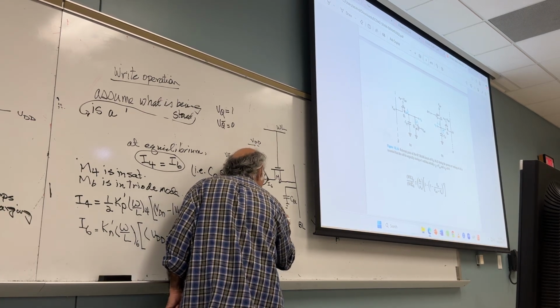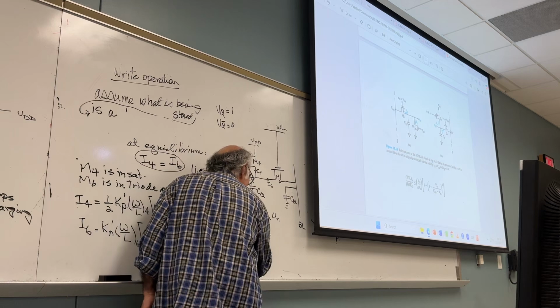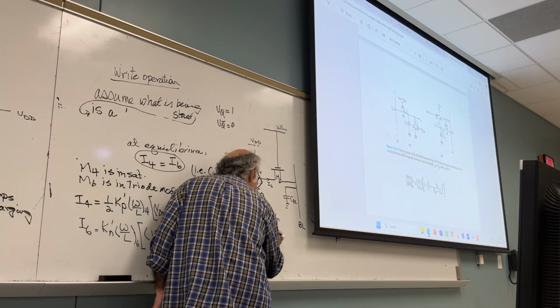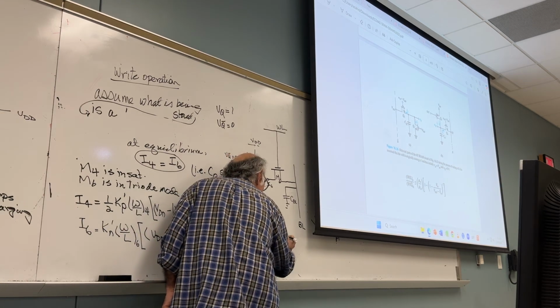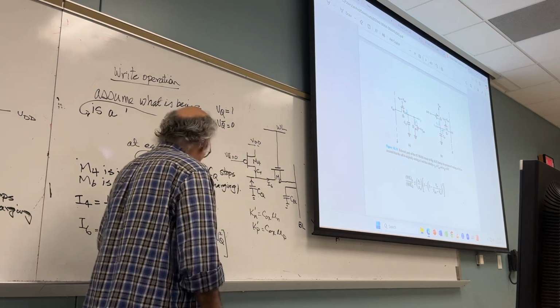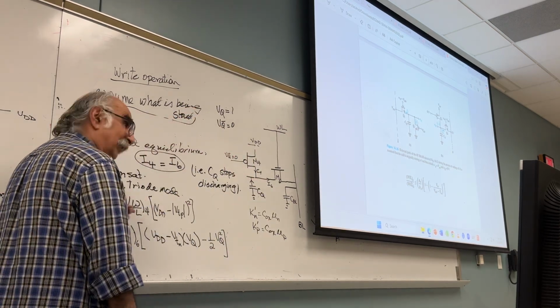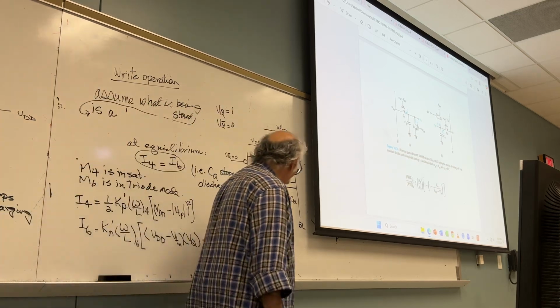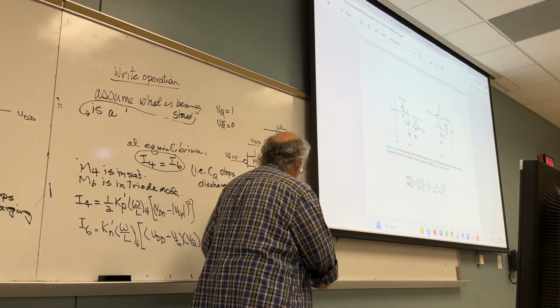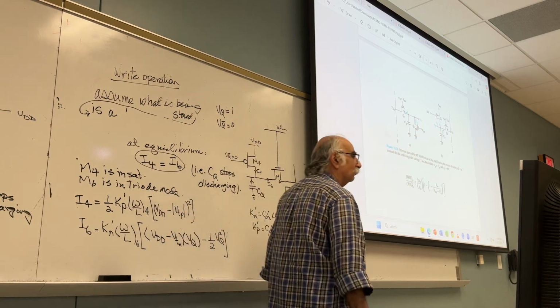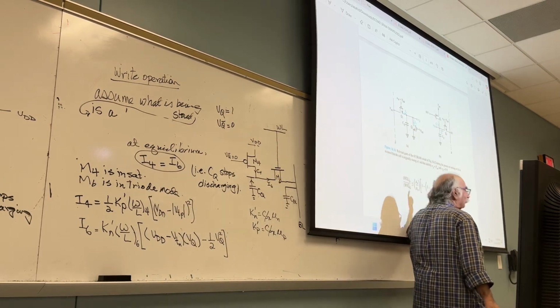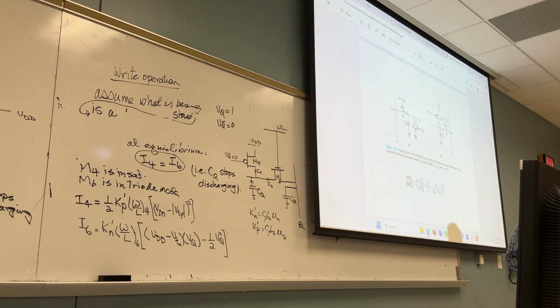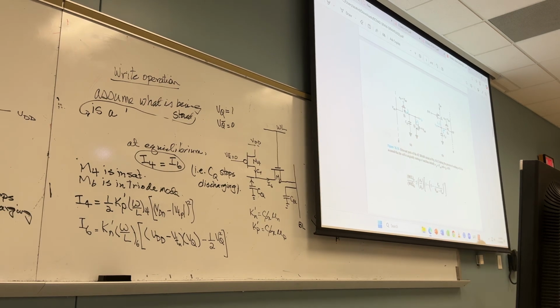COX mu n. If you equate this and divide one by the other, you are only going to get the mu's, because these will cancel. Did you get it?